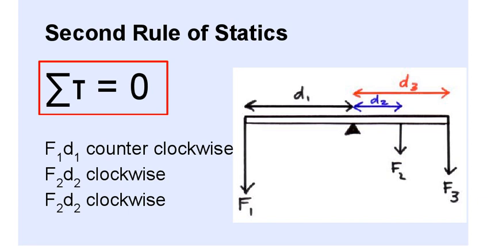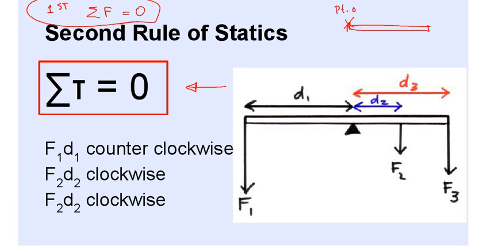The second rule of statics then, and remember again, the first rule was that the sum of the forces have to equal 0. But the second rule is this guy right here. The torques also need to cancel out. The torques have to cancel out. If I have a door, and here's the hinge, right? That's my point of rotation right there.